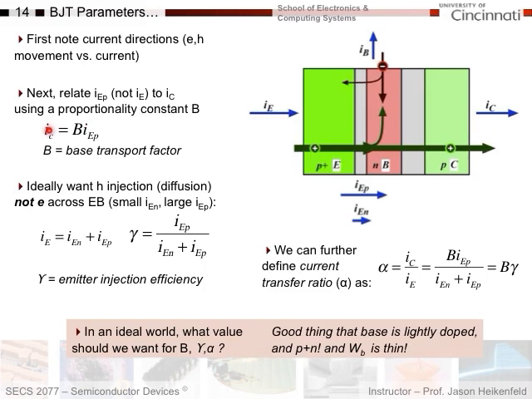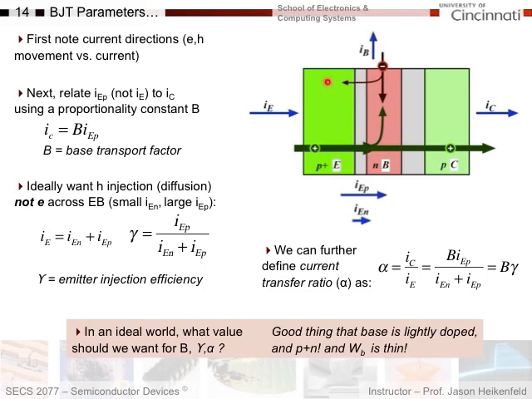Now, if I make a BJT that's well designed, I will also want pretty much just hole injection, not electron injection across the emitter base. So I want tons of holes to be forward bias diffused, but not many electrons. And we're able to do that because we make this P plus N, right? There are not many electrons to go this way, tons of holes to go this way. And so if I want to measure that, I'm going to use something called emitter injection efficiency, which measures how efficient you are at injecting holes versus electrons that I don't want to inject this way.